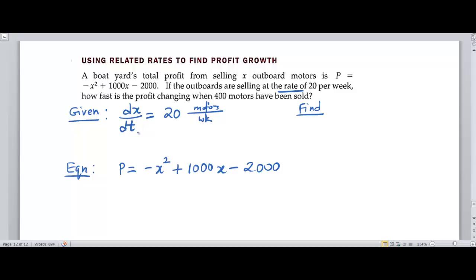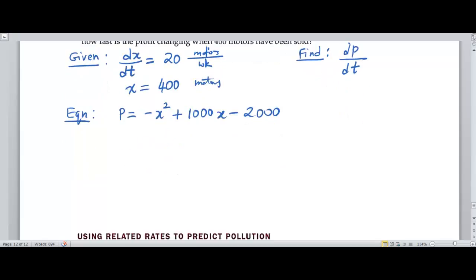How fast is the profit changing when 400 motors have been sold? So that's another piece they're giving us. x is 400. Okay, 400 motors. And how fast is the profit changing? That's dP/dt. Okay. So what we need to do is take the derivative of this major equation with respect to t.